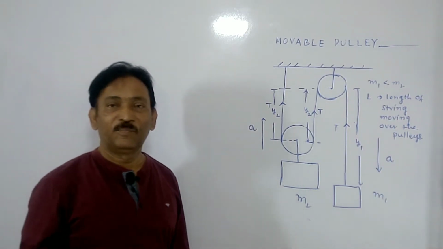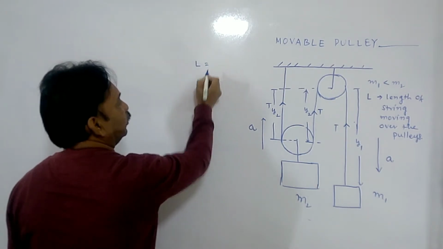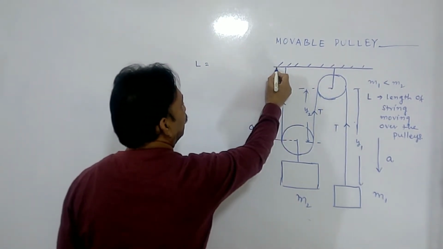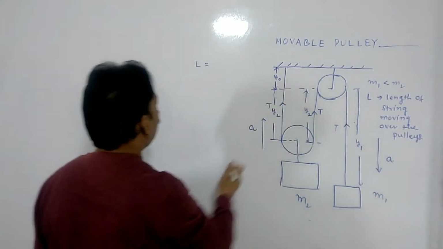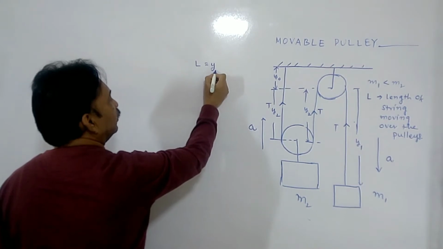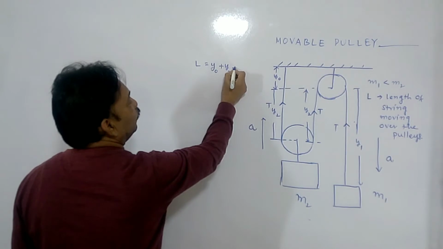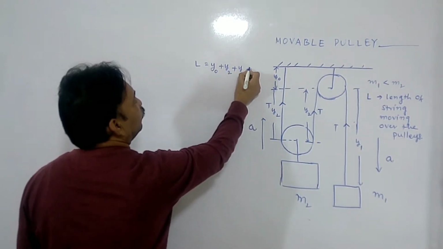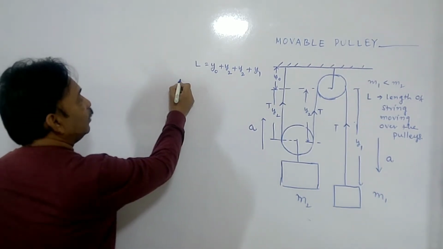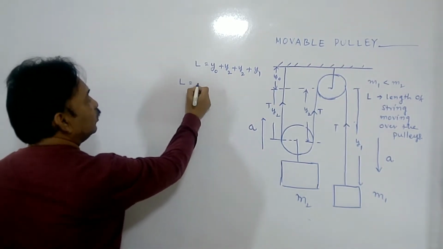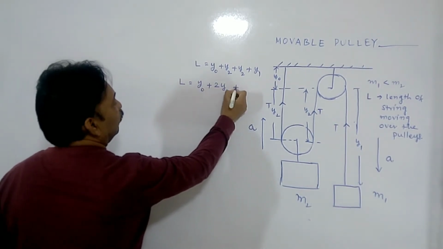Then we can write the total length L as this length, which I'm taking as y naught, a fixed one, plus y2 plus y2 plus y1. It can be written as L is equal to y naught plus 2y2 plus y1.